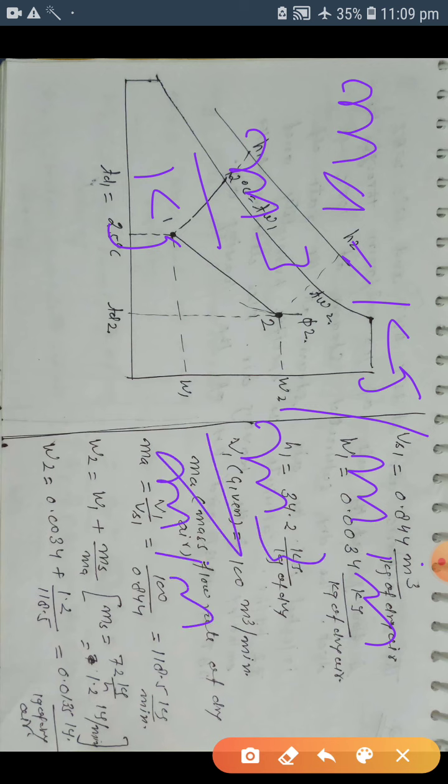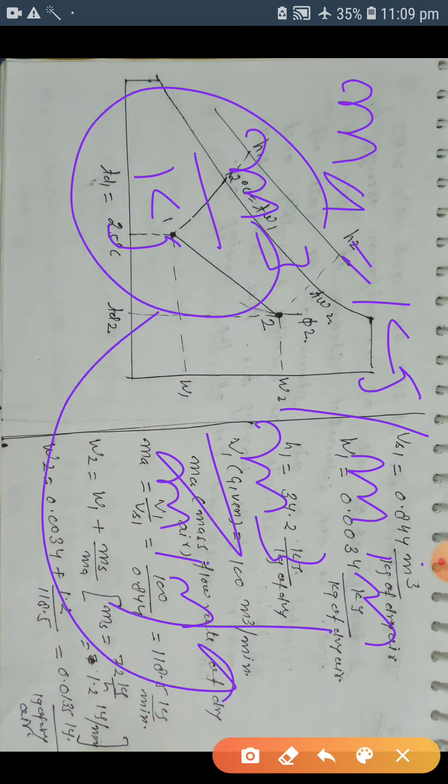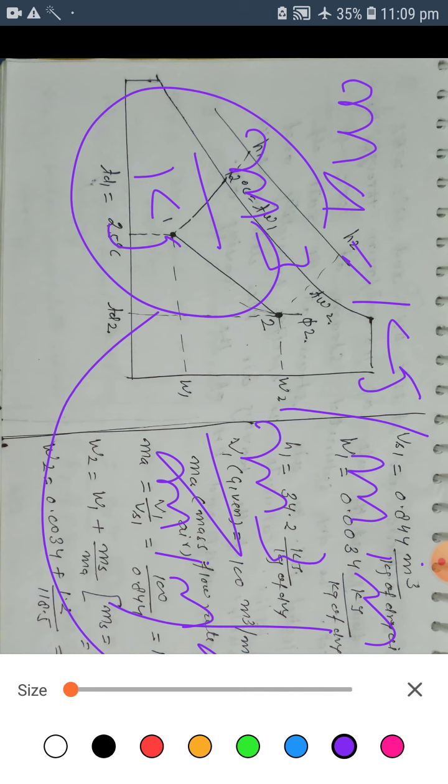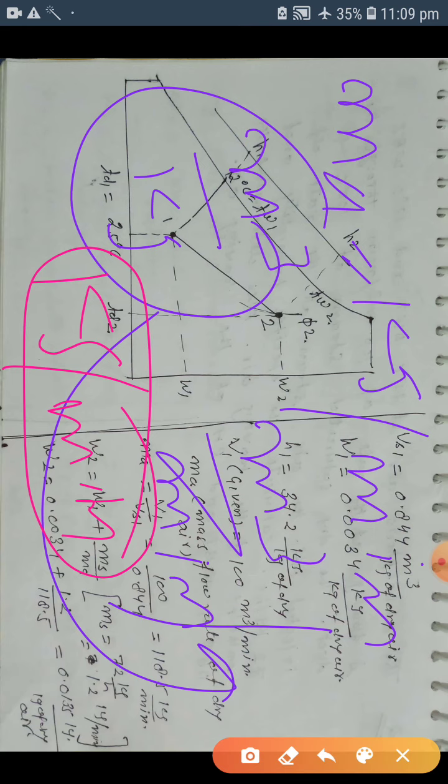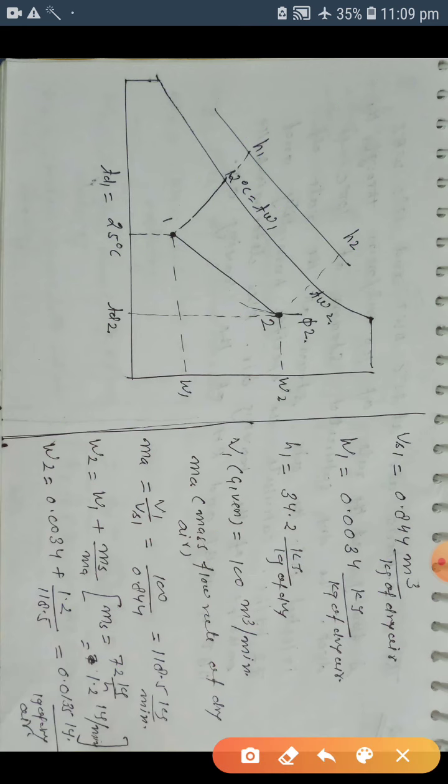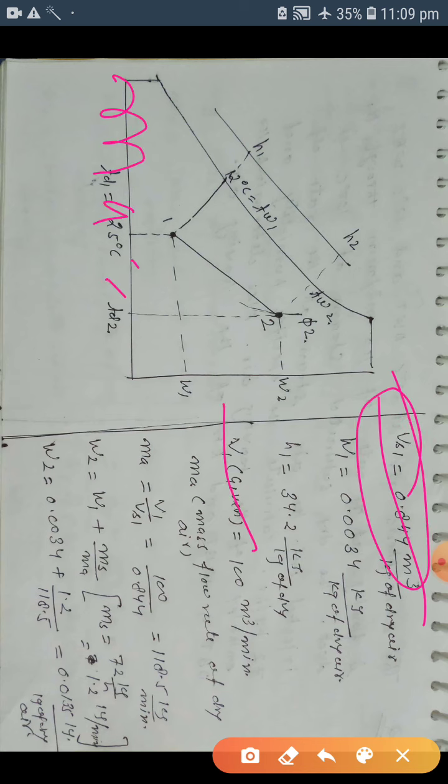So you may divide this by this, so this will come in kg per minute. From the units you may find the formula. So this will be divided by this, so you may calculate the mass flow rate of dry air.